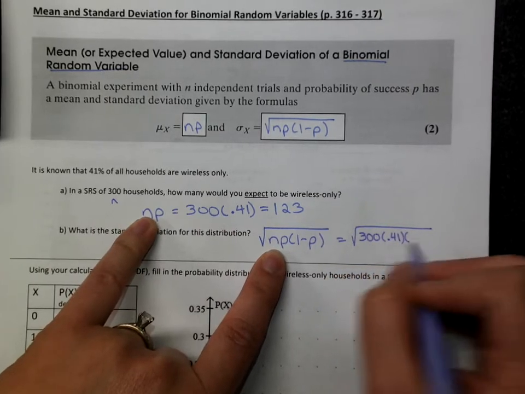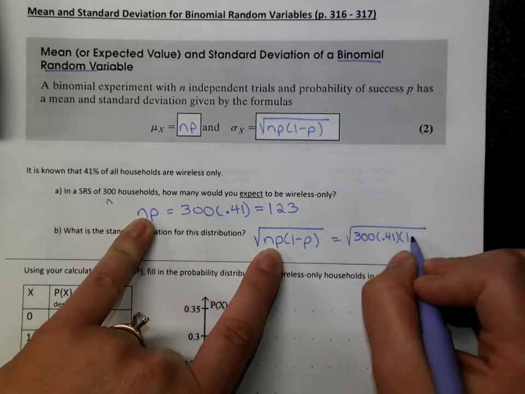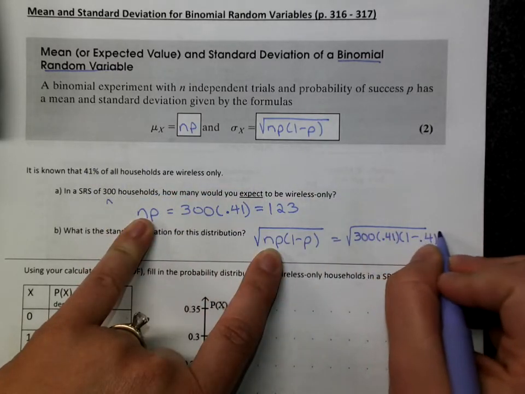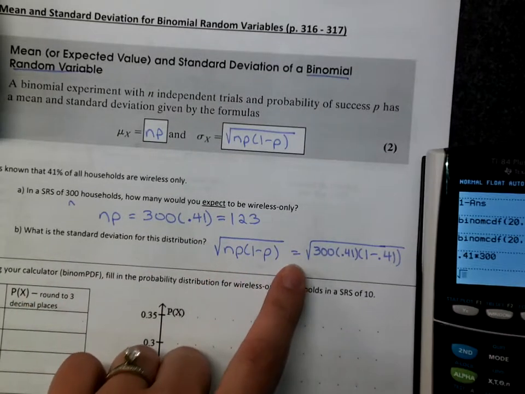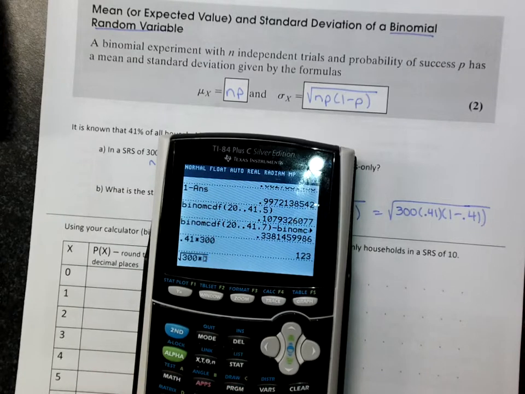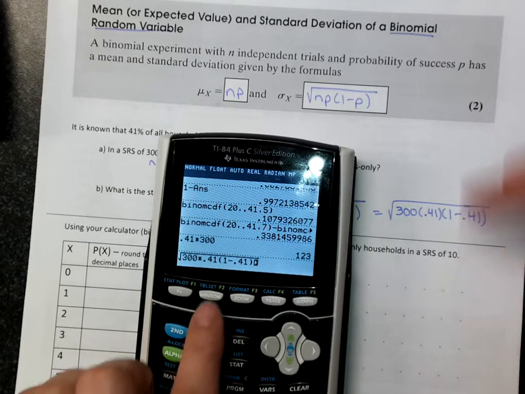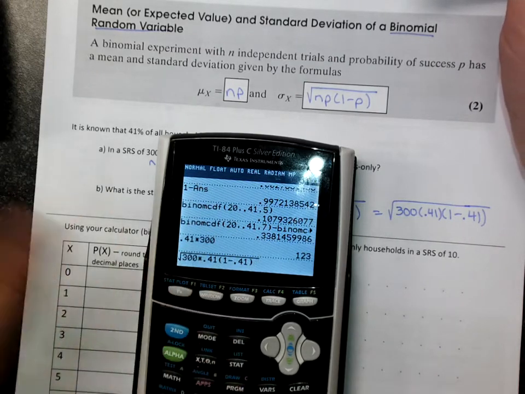Remember, your proportion is always as a percentage, and 1 minus 0.41. So you can type all that in at the same time. 300 times 0.41 times 1 minus 0.41. So the 1 minus 0.41 needs to go in parentheses. The rest can be like that.